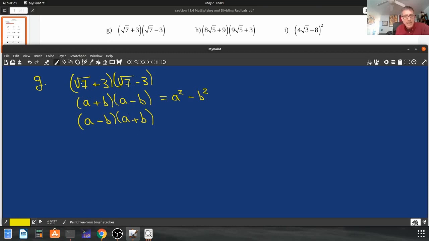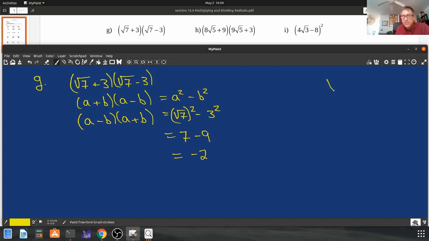So in this case, a is the square root of 7. So that's the square root of 7, and it is squared. And b is 3, and 3 is squared. So the square root of 7 squared is 7, and 3 squared is 9. So the answer happens to be minus 2.